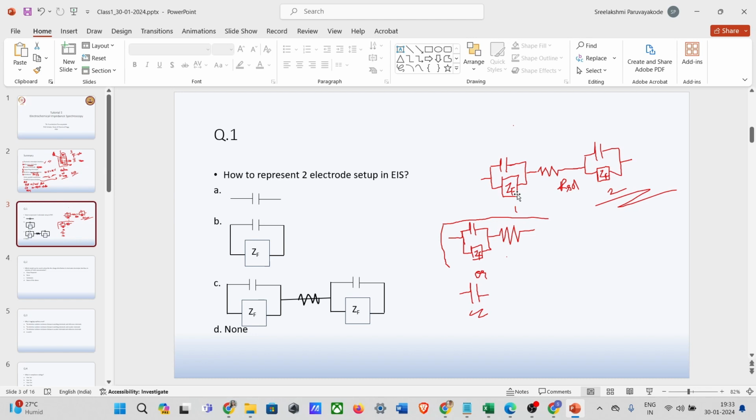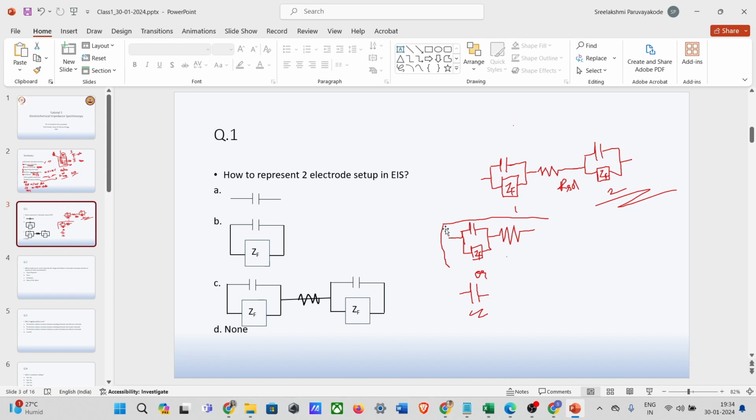The simplest way of representing the overall two electrode system is what is shown over here. Please understand that whenever you are assigning any value or symbol, it has its own significance. Please understand that and then assign something. Only then is your impedance analysis making sense or having a meaning. That is the sole purpose of this course also.